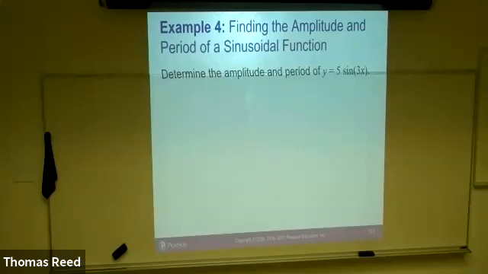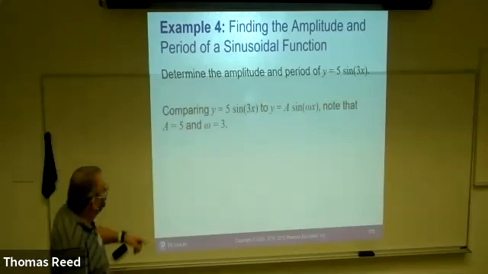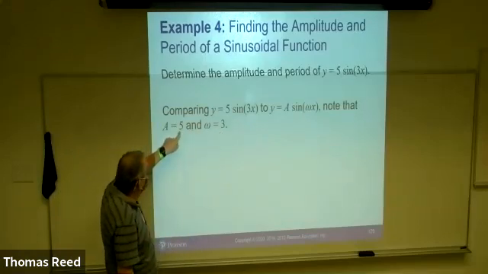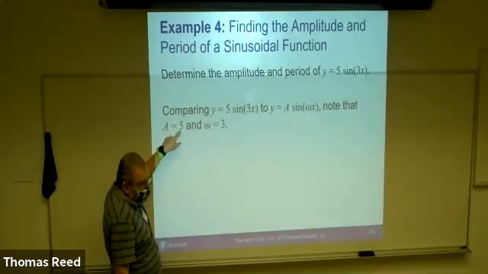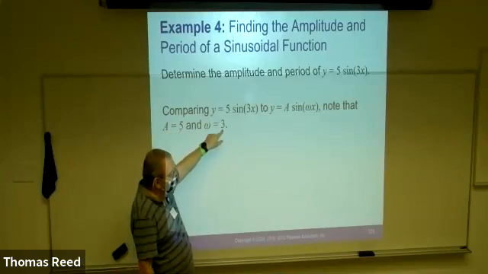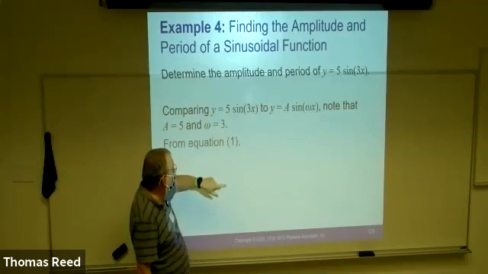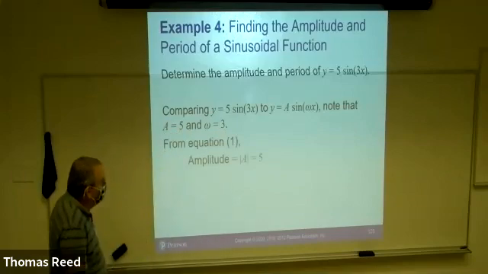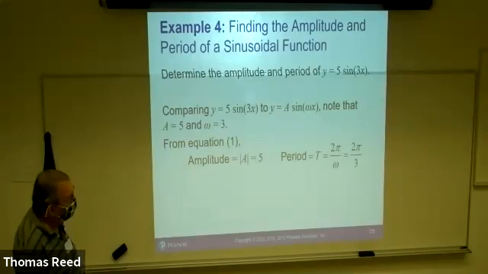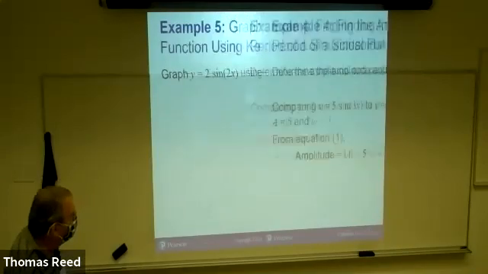So the period is 2 pi thirds, 2 pi over 3. So A is 5, omega is 3. So the absolute value of A, which is still 5, is the amplitude. And omega is 3, so 2 pi divided by 3. Okay, the amplitude is 5, and the period is 2 pi over 3.